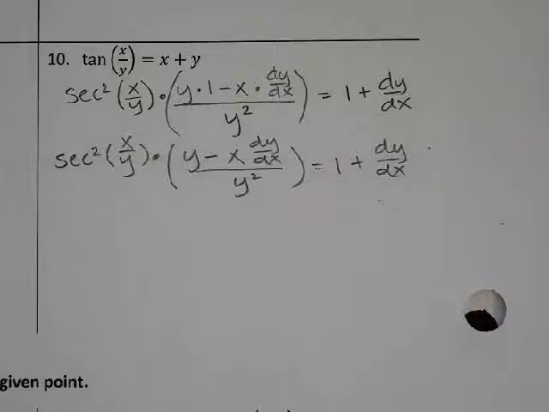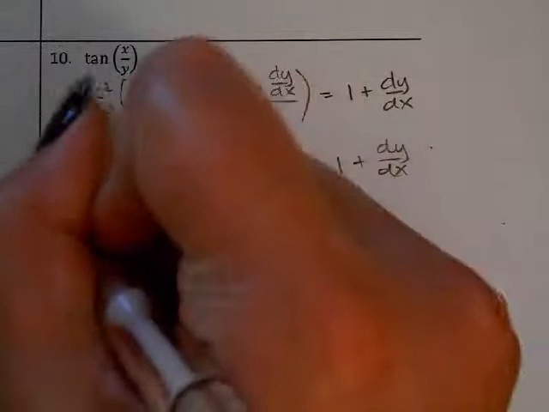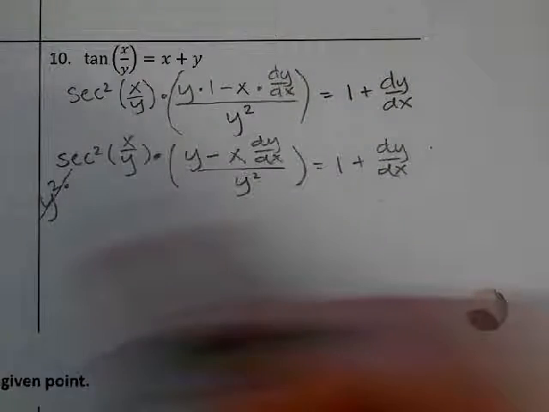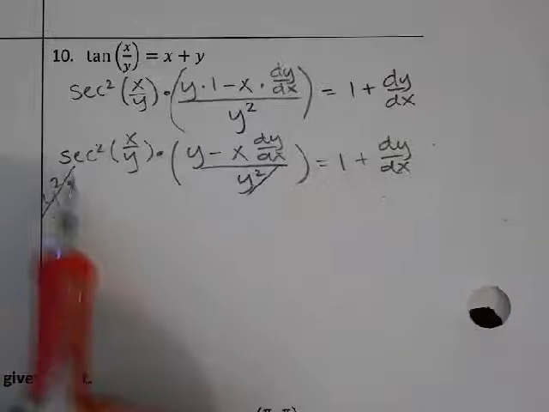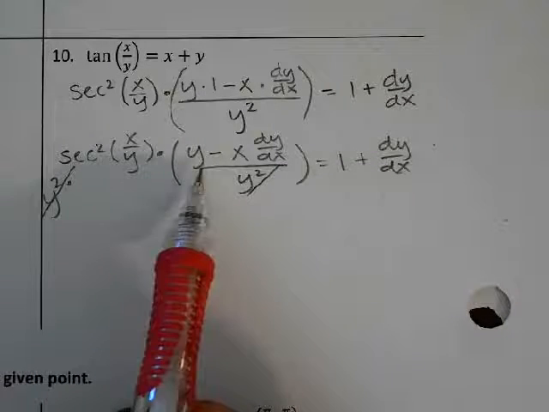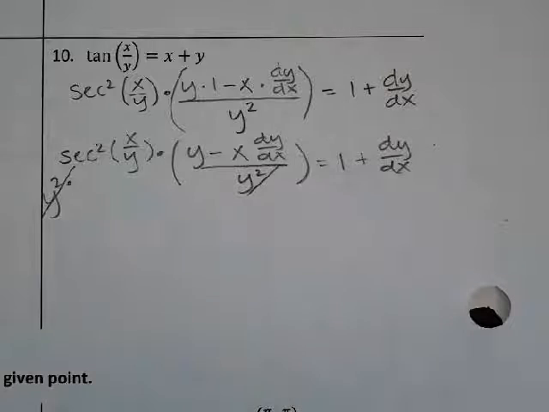Multiply by y squared. If I multiply by y squared on the left side, it's just going to cancel out that y squared on the bottom. It's secant squared multiplied by something that is being divided by y squared, so multiplying by y squared cancels that division.